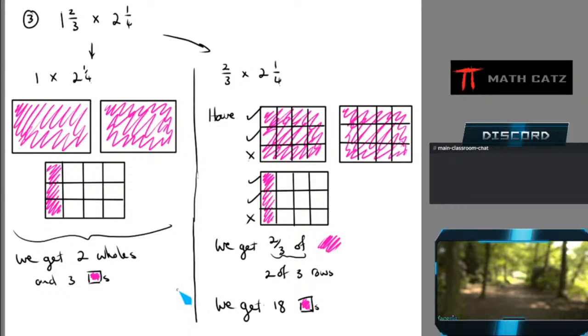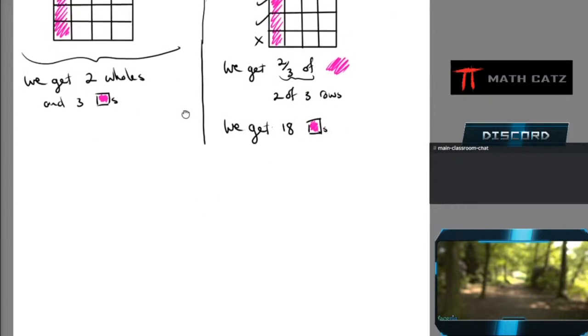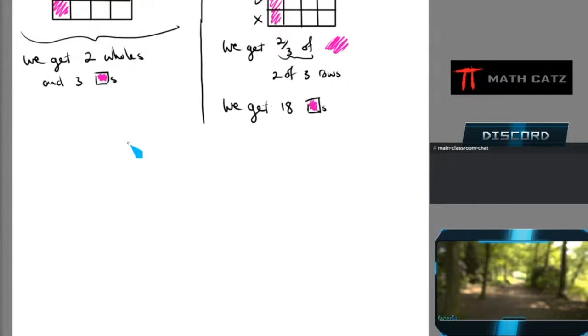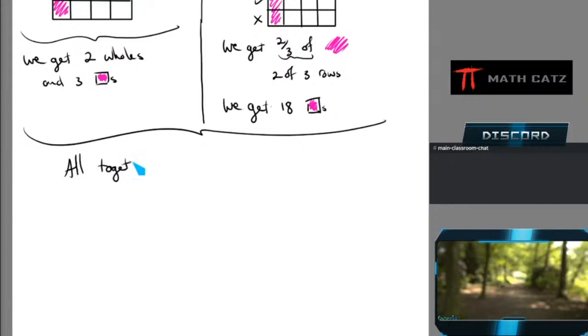Okay, now we're close to the end. That we can say now all together, we get so far two whole rectangles and another 21 pieces.